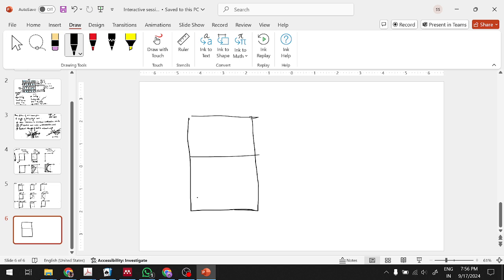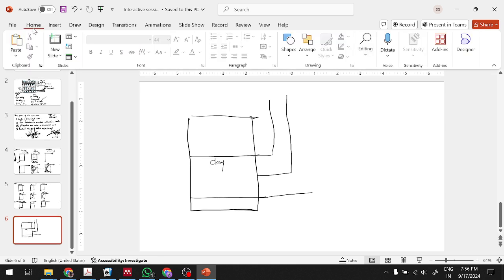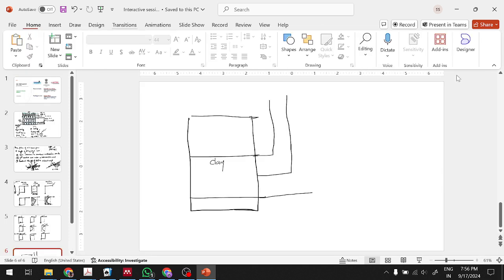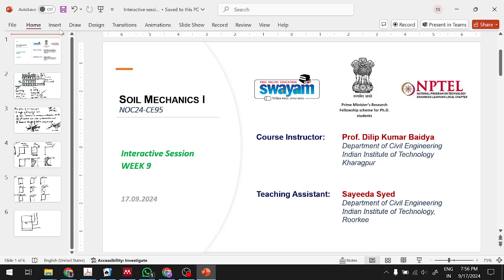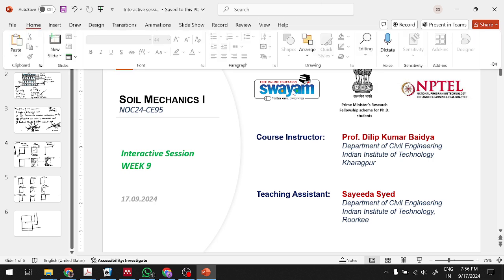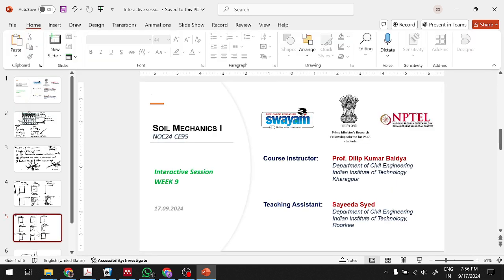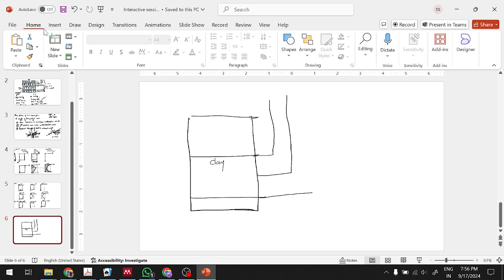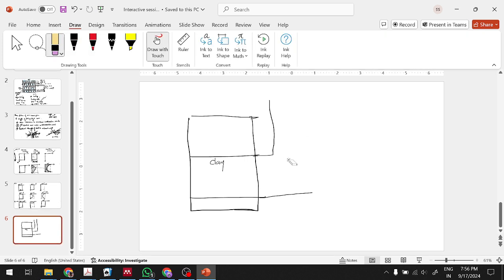Okay, so this will be clay, and we have these piezometric lines. We have these piezometers.